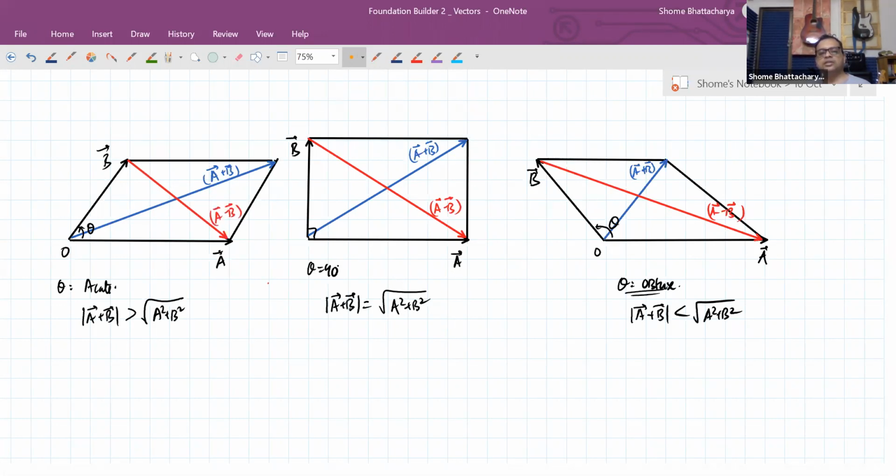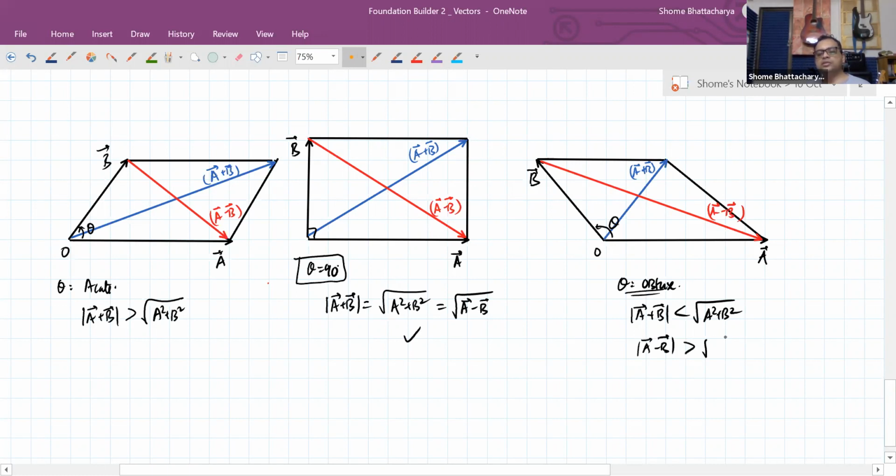So in this case, you can see that this is equal to root of a square plus b square. That is the property of theta equal to 90 degrees. The moment you make it obtuse, now you can see that a minus b is the diagonal which is getting stretched. So it's greater than root of a square plus b square. So that also means that whenever your theta is obtuse, your a minus b has a magnitude which is greater than a plus b.